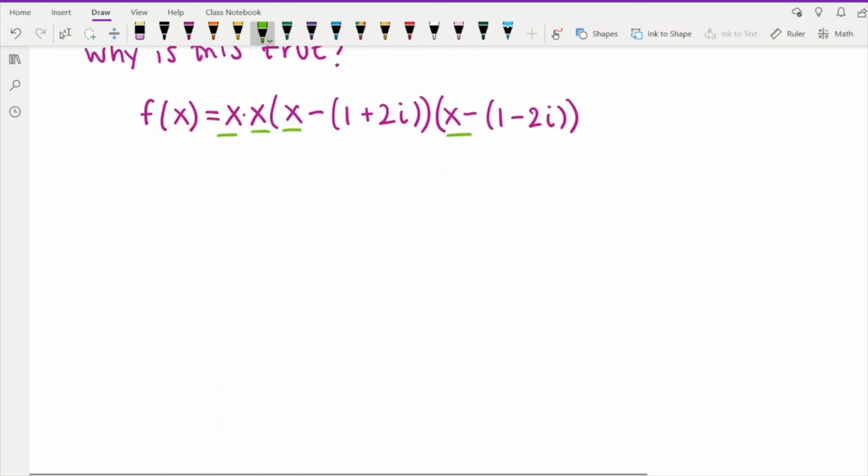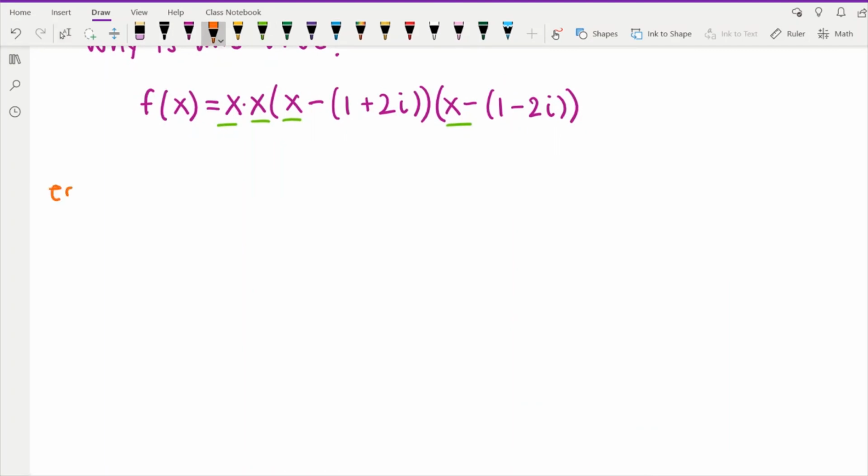Just to give one more example, this is one from an earlier video. We did an example that was g of x is equal to 2x to the 5th minus 8x to the 4th plus 8x cubed. This was actually in the video right before this one.